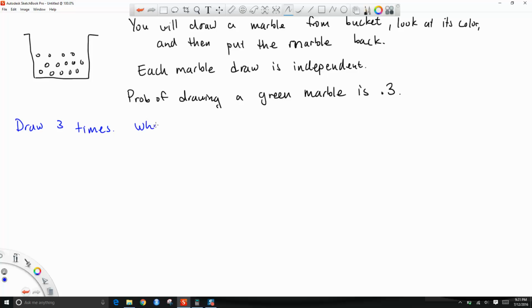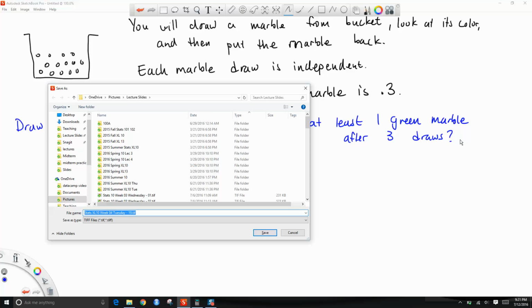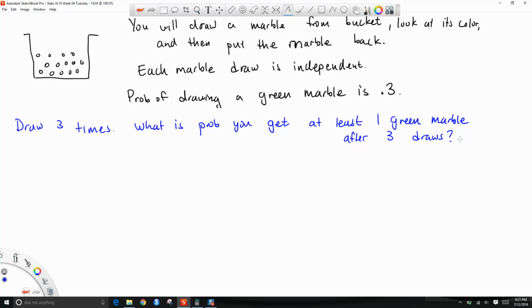What is the probability you get at least 1 green marble after 3 draws? So what does it mean to get at least 1 green marble? That means you got 1, 2, or 3 green marbles, right? Okay.